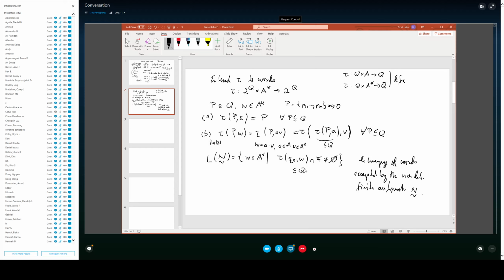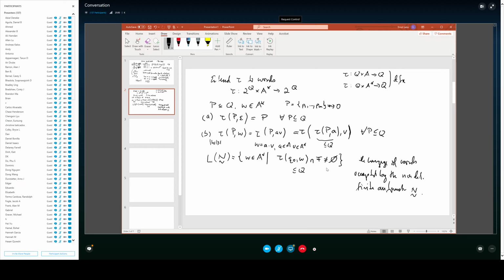Now we have to test, does this set of states contain a final state? That means we have to take the set of states and intersect it with the set of final states and stipulate that that intersection be non-empty. And if it is non-empty, if there is a final state in tau of q sub 0 and w, then w is accepted, otherwise it is not.